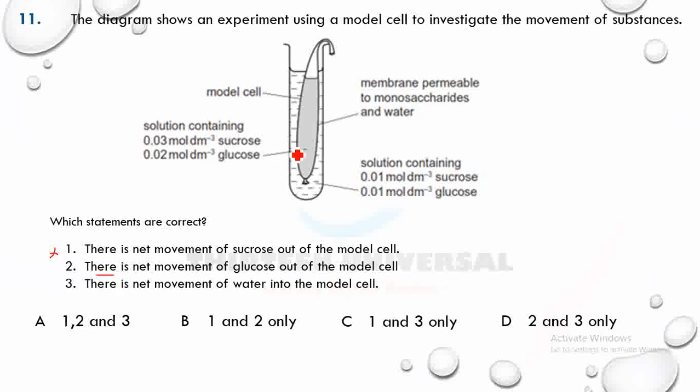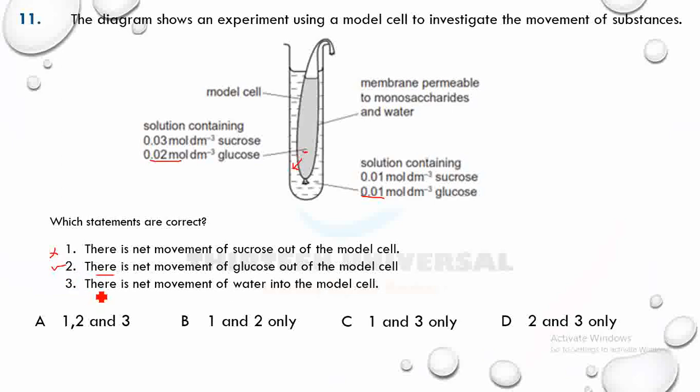Yeah, it's going to move out of the model. This is the model cell. Why? Because it's moving from high concentration, which is 0.02 inside here, to 0.01 outside. So this is correct.